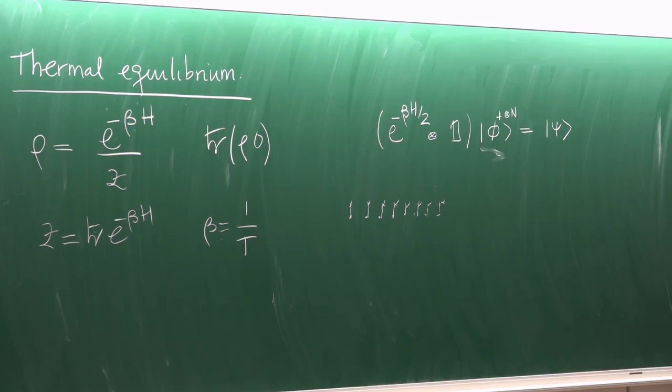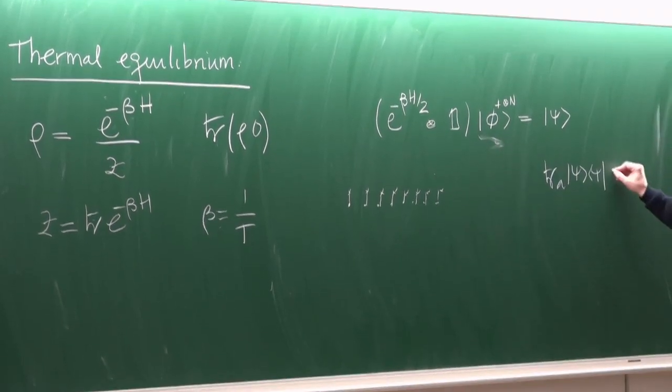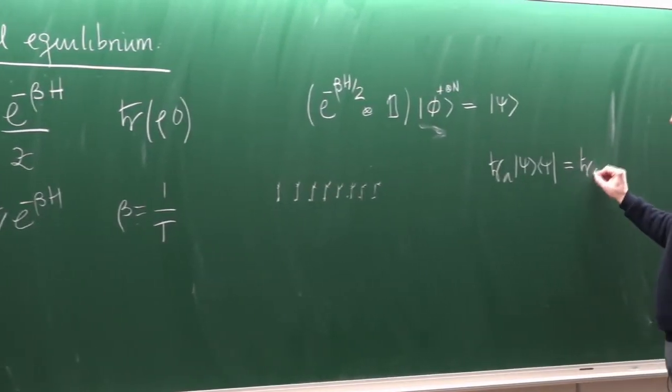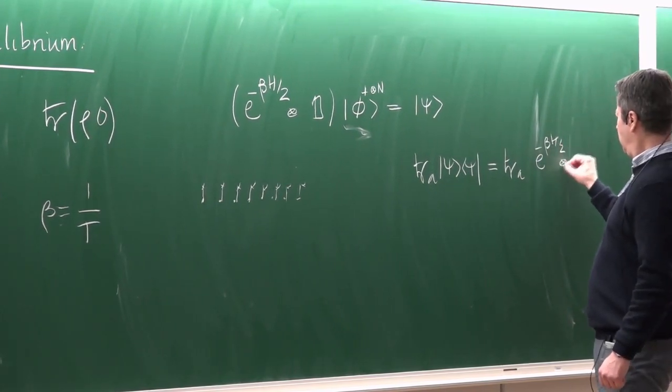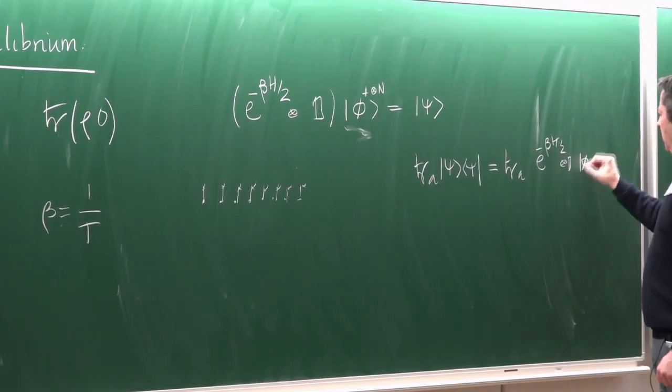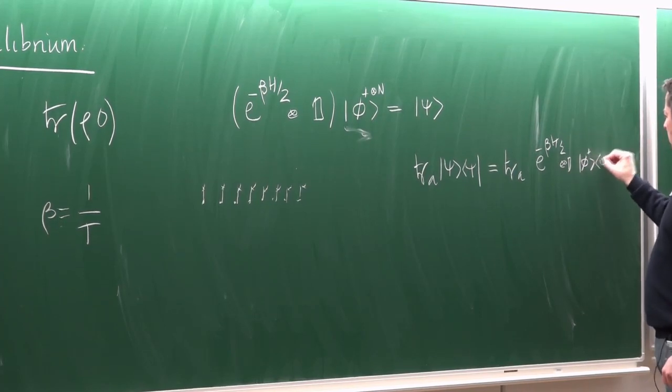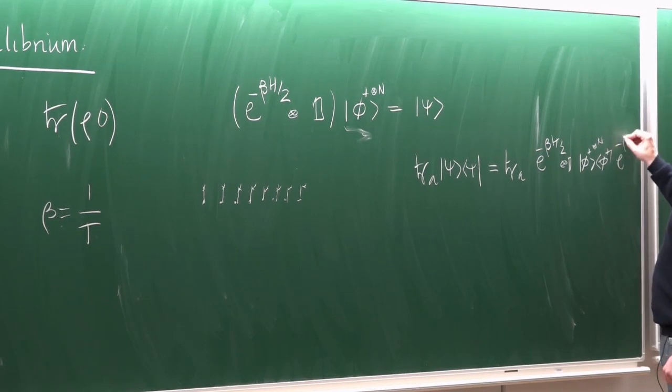But let's compute the partial trace of that state with respect to the ancilla. Since we are not acting on the ancilla, this is the trace with respect to A of e to the minus beta H half times identity times phi plus to the power n times e to the minus beta H half.